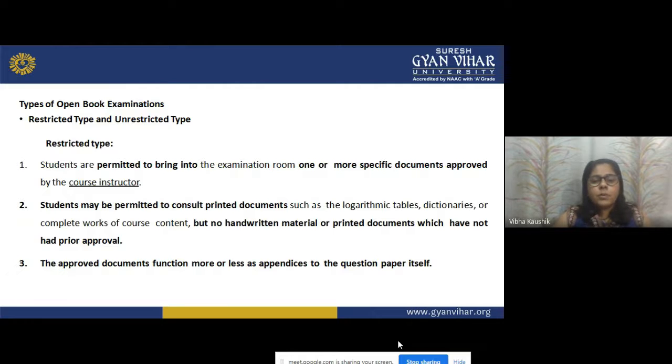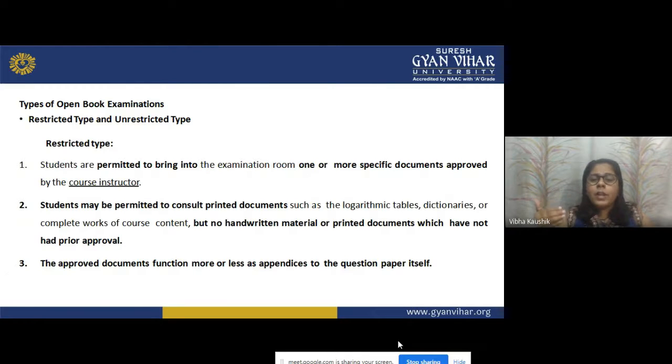Students are permitted to bring into the examination room one or more specific documents approved by the course instructor. What it means is that you are allowed to take along with you some specific textbooks or reference material for completing the exam, but that reference material or those specified documents should be approved by the course instructor.